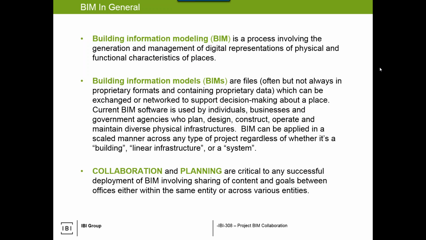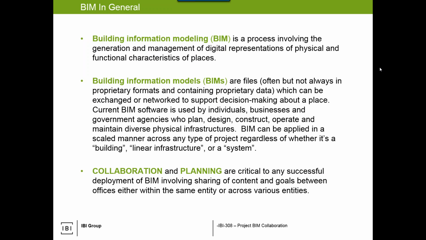So it's the files, the one file, the multiple files, whatever it is, of information and data that's exchanged to help support the decision-making processes about the places that we're designing and interacting with. Current BIM software can be used by individuals, businesses, government agencies, etc., spanning both buildings and linear infrastructure, thus covering the gamut of what IBI does within our 3 sectors: intelligence, buildings, and infrastructure.